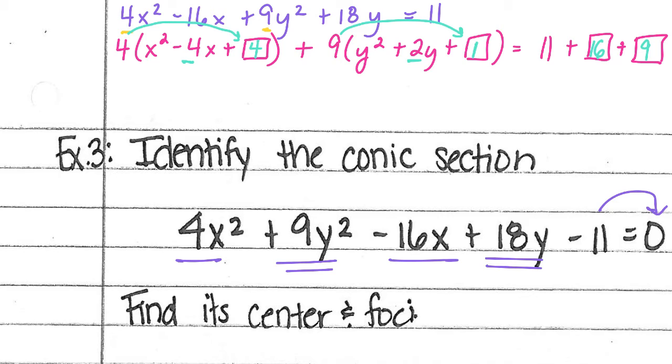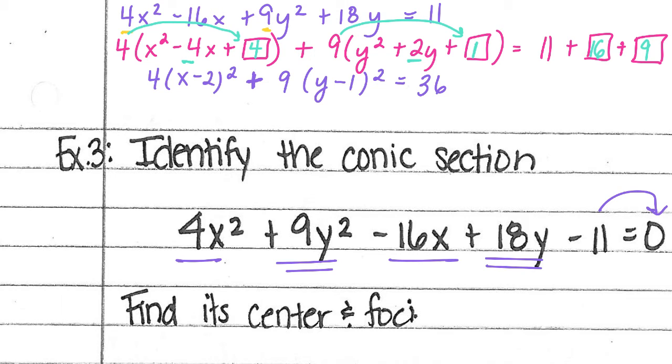So my next step, I have 4 times x minus 2 quantity squared, because that's going to help us get our center, plus 9 times y minus 1 quantity squared, and this is equal to 36. Well, I know it has a plus sign, so we're getting there.